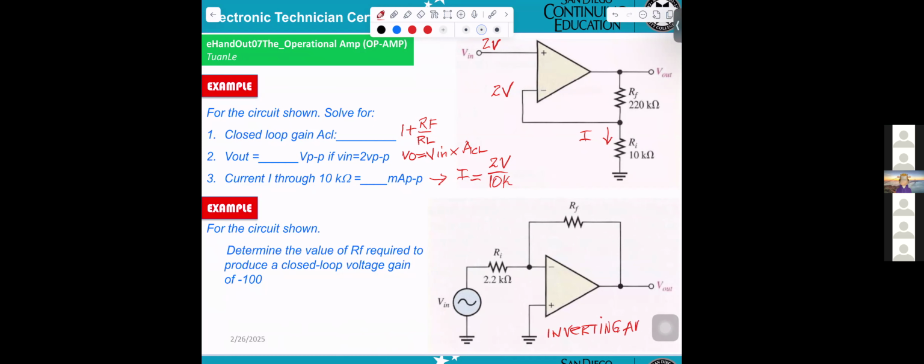Amplifier. Okay? And you know the gain equals minus. I just gave you the formula here. ACL equals minus RF over R1.